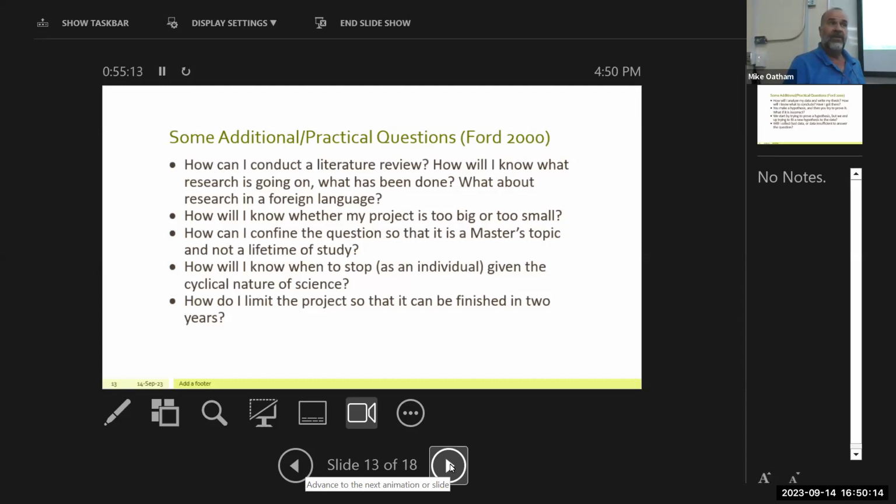So if you need to take more samples than you have resources for, your project is too big. If you, on the other hand, can take the samples that you need and it's well within the resources that you have, then your project is a good size. Okay?